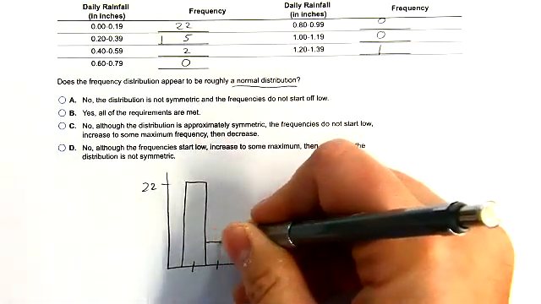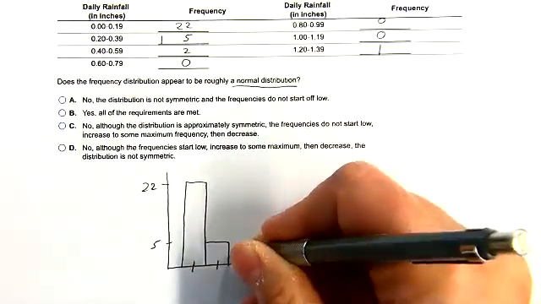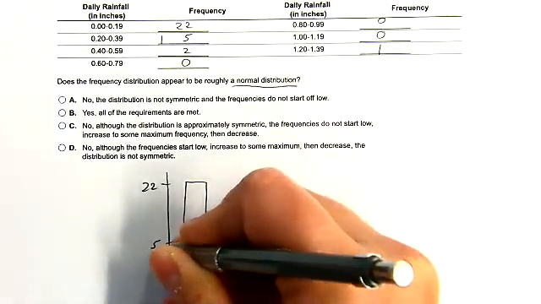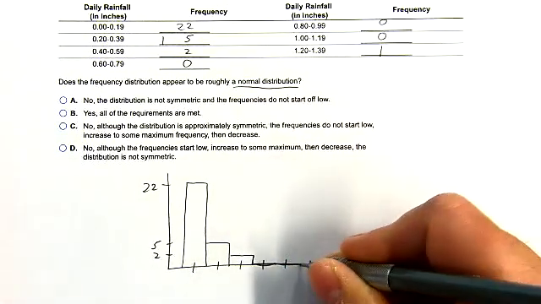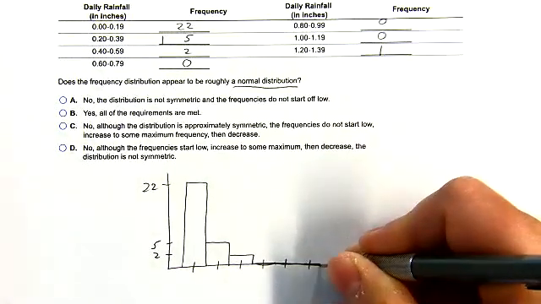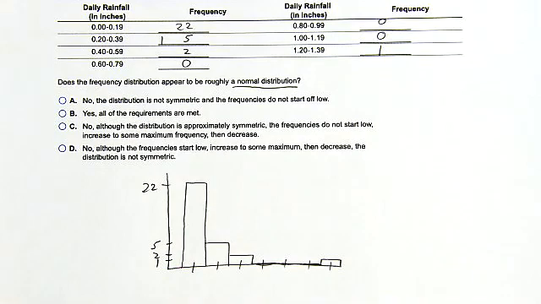Then the next one goes down to 5. So let's say it's down here. Then the next one's 2. Then I've got 3 zeros. And then the last one is 1. So I can quickly sketch that without getting too caught up in axes and making my scale perfect.